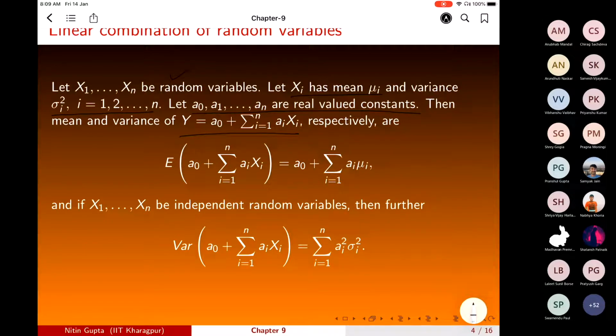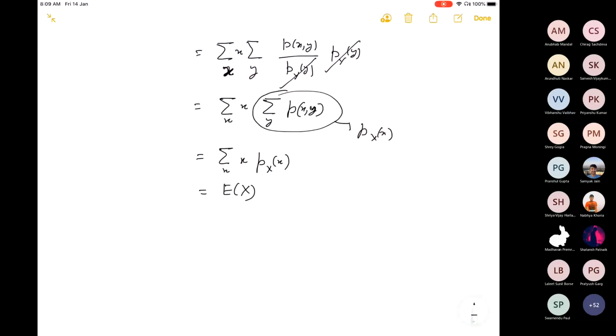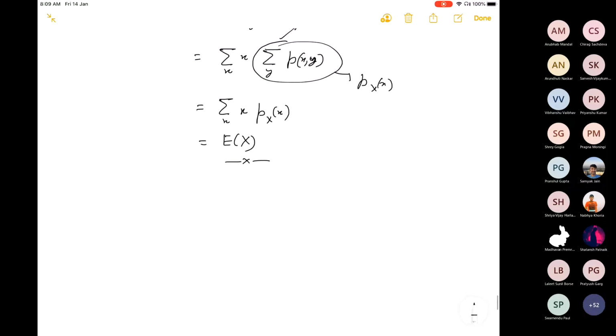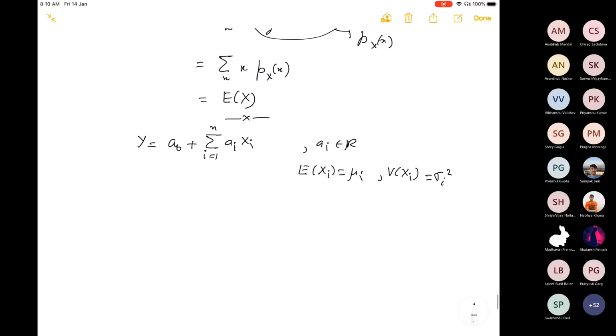Okay, so then y we are defining as a0 plus summation ai xi, i from 1 to n, where the ai are numerical values, and let us say the mean of xi is mu_i and the variance of xi is sigma_i square.